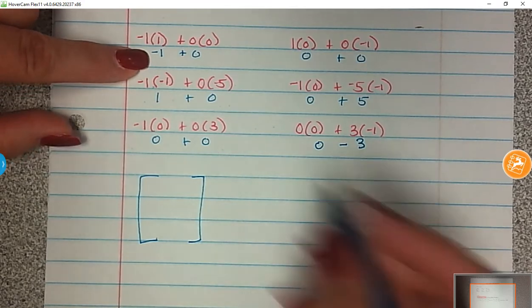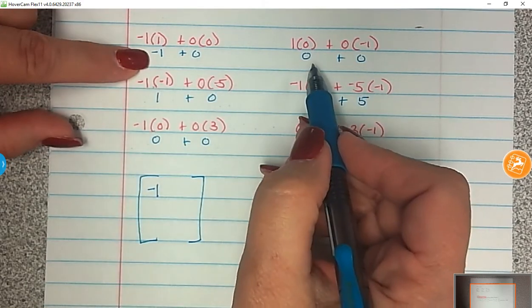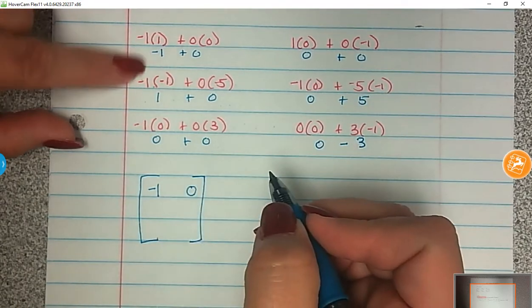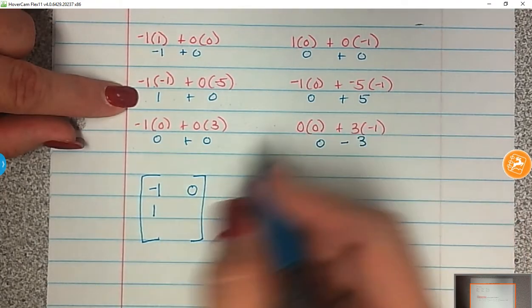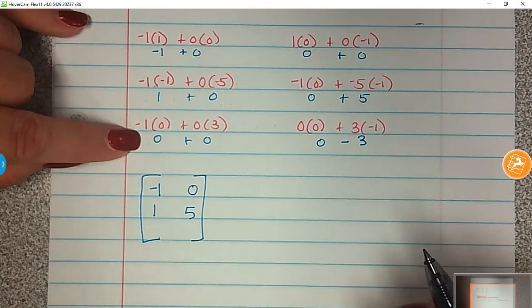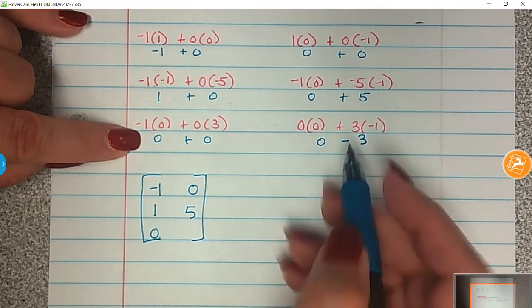Row 1, column 1, negative 1 plus 0 is negative 1. Row 1, column 2, 0 plus 0 is 0. Row 2, column 1, row 2, column 2, row 3, column 1, and row 3, column 2.